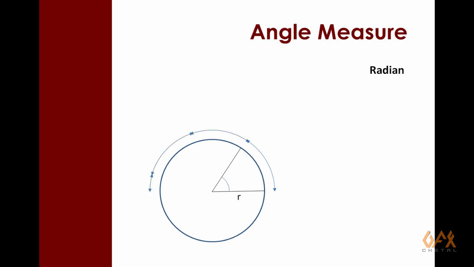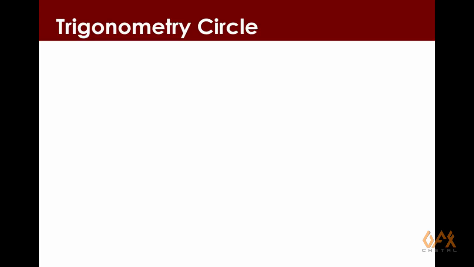In a half circle there are approximately 3.14 radians, which we call pi. So there are 2 pi radians in a circle. Everybody knows Life of Pi, and the value of pi is 3.14 and so on.